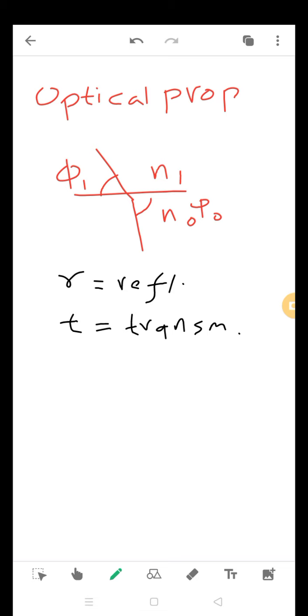So that's the first relationship. There is one relation called R1P.